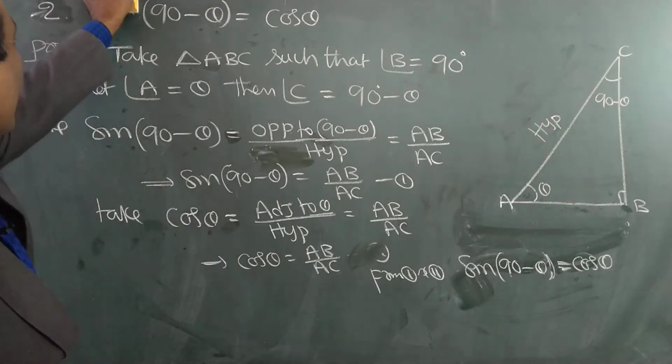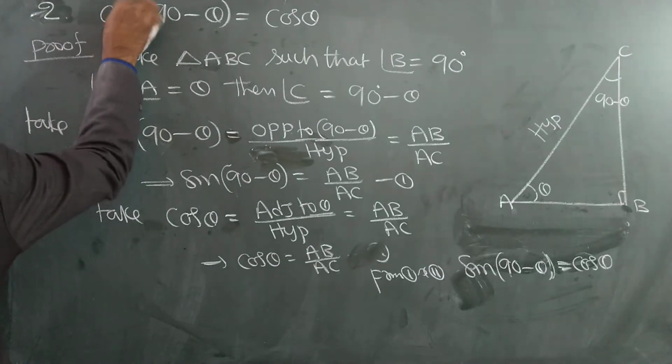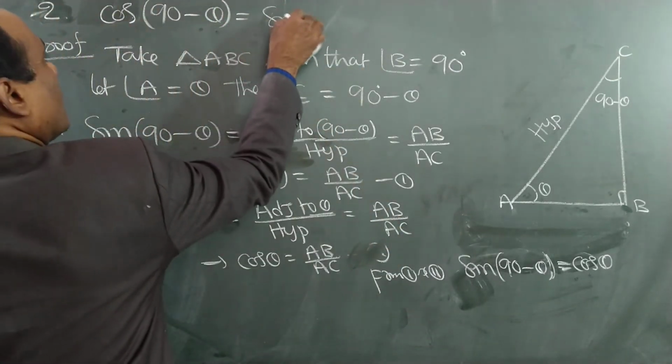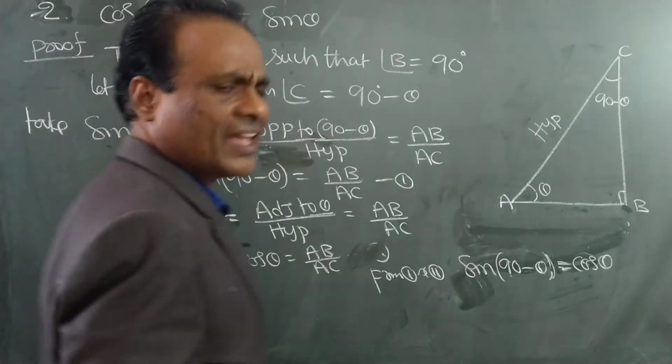Now prepare the formula for cos 90 minus theta is sin theta. Let us have a small proof for this. Same way you prove.